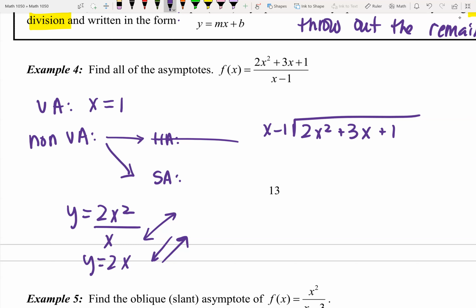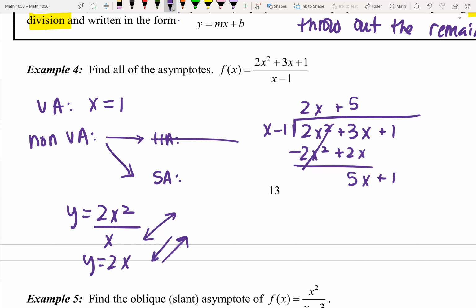Okay, what do I multiply by x to get 2x squared? That's 2x. Distribute, and I get 2x squared minus 2x. What do I do now? Subtract. Change your signs, right? Those cancel. 2x plus 3x is a 5x. Tell me what to do now. Bring down the 1. What do I multiply by x to get 5x?